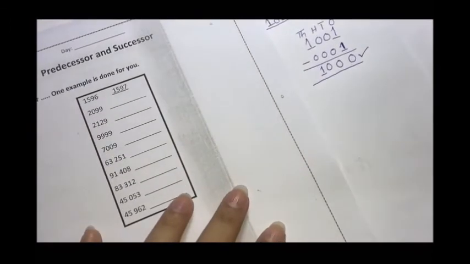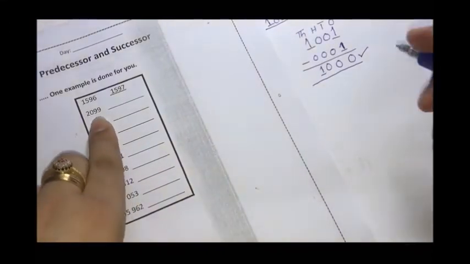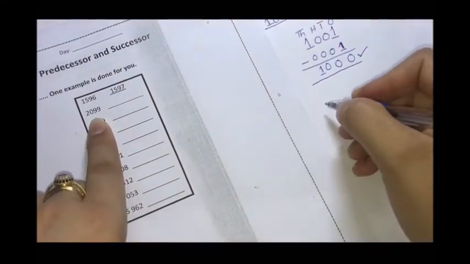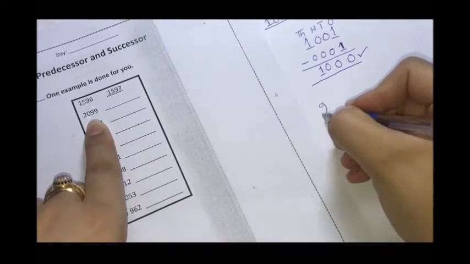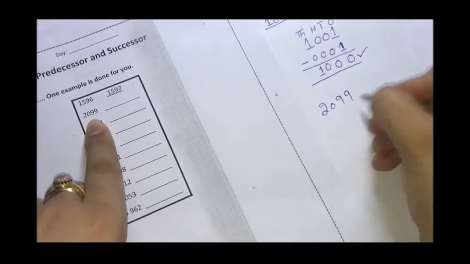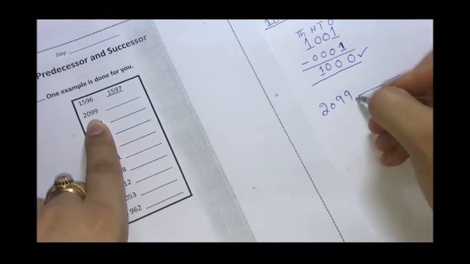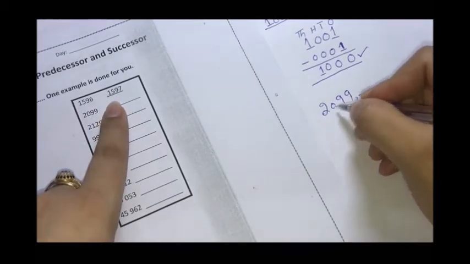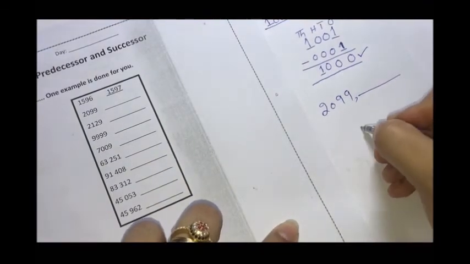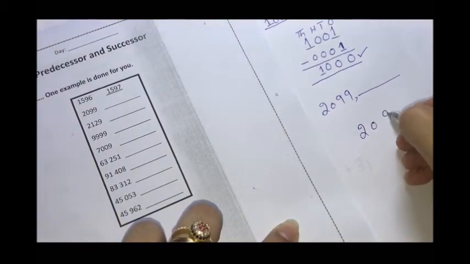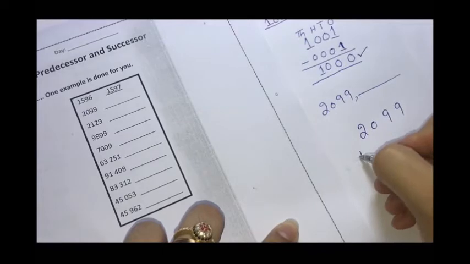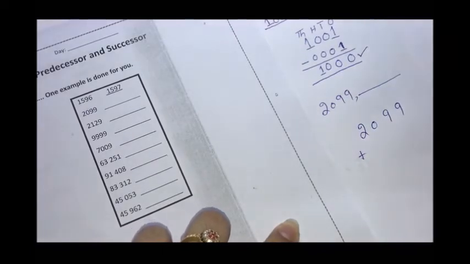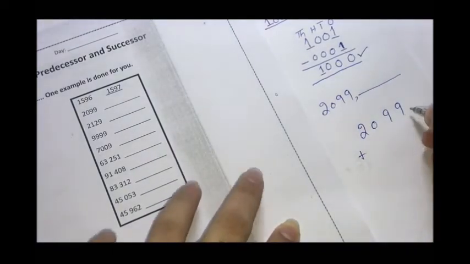So to write the successor of the number 2099, we will add 1.